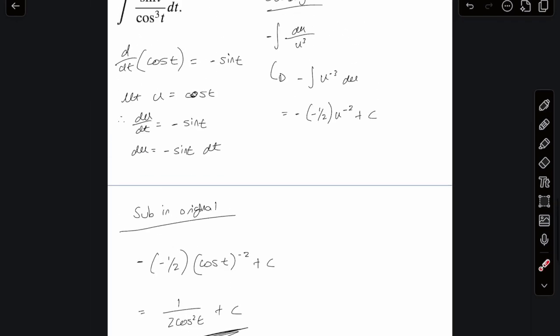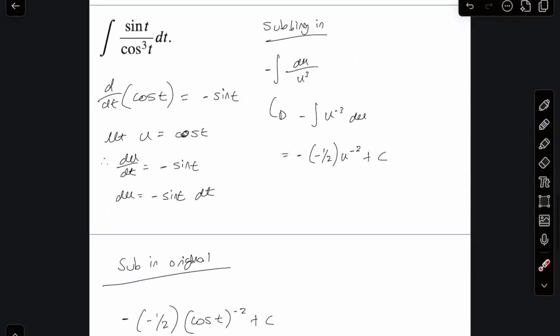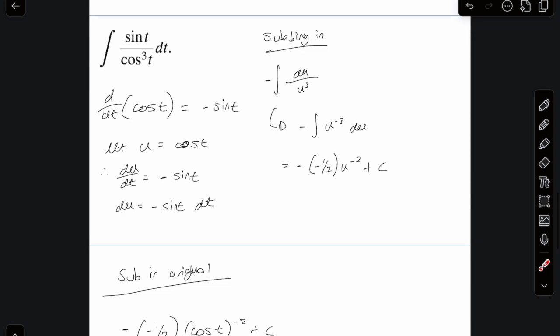Just to summarize here, we set u equal to cos t because du by dt is equal to minus sine t, which allows us to plug things in much quicker. Okay. And with that, we therefore sub then the u and du.